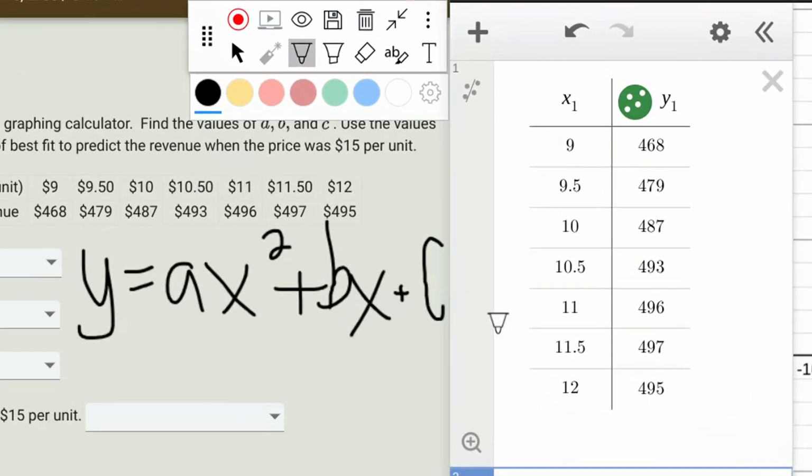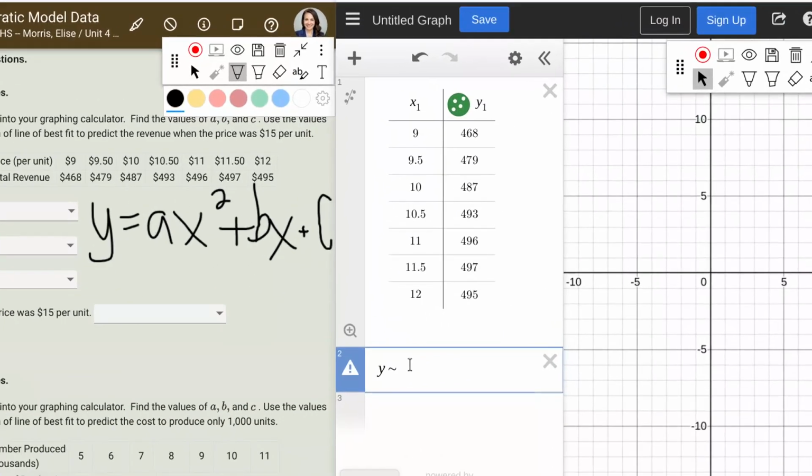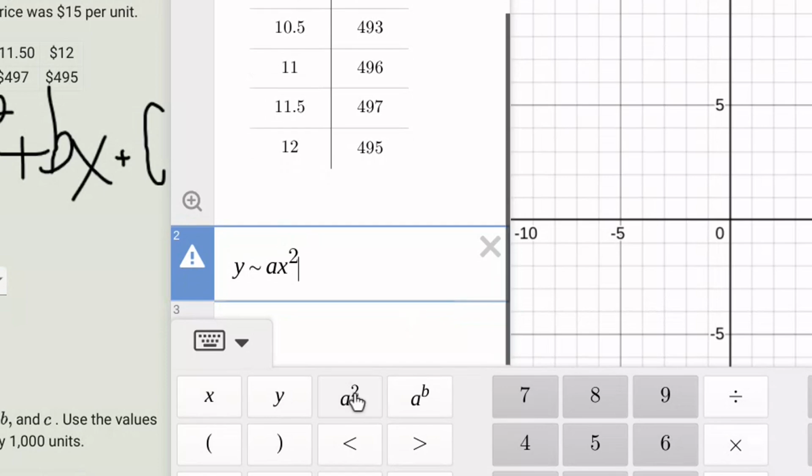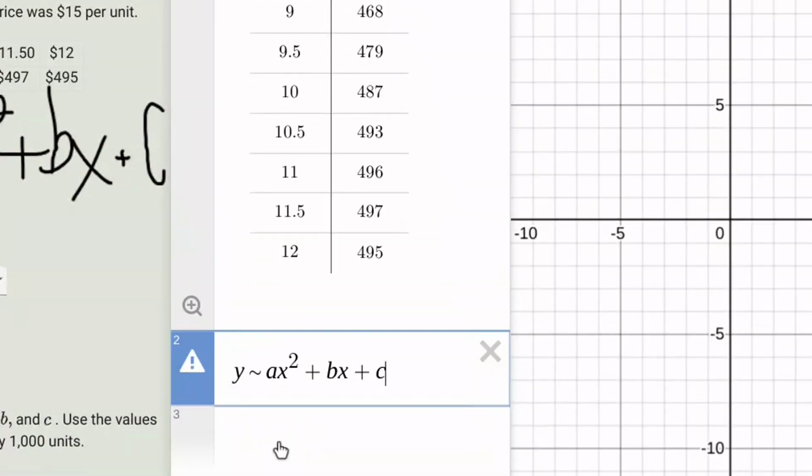Okay, I wrote it here for you. Standard form is ax squared plus bx plus c. And so we're just going to do that down here. Ax, and we can go to the keypad and do squared plus bx plus c.